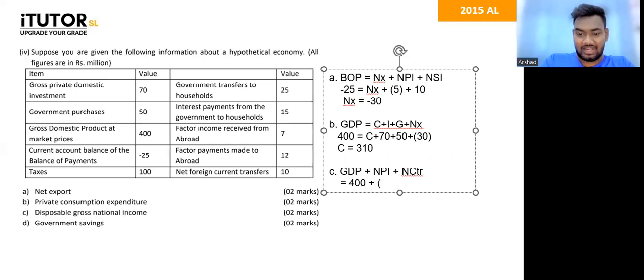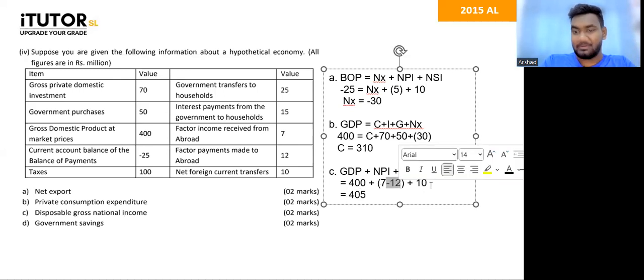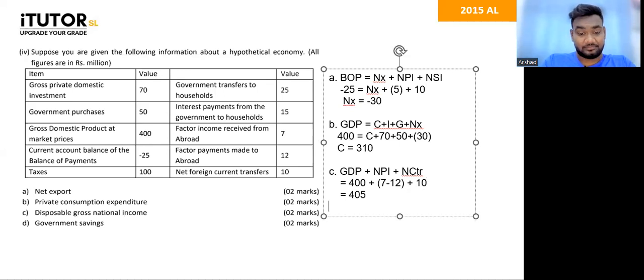I'll put that within brackets. Net current transfers are given 10. Very easy. So how much is that, guys? Disposable gross national income. So 400 and, not 50, this is a minus 5. So minus 5 plus 10, that gives 405. Okay. Then the last one, D.